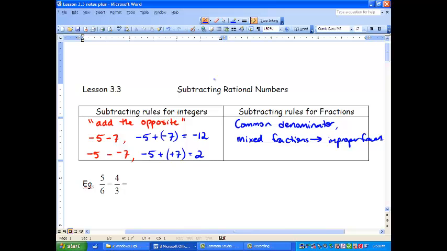And when adding or subtracting, we keep the common denominator.